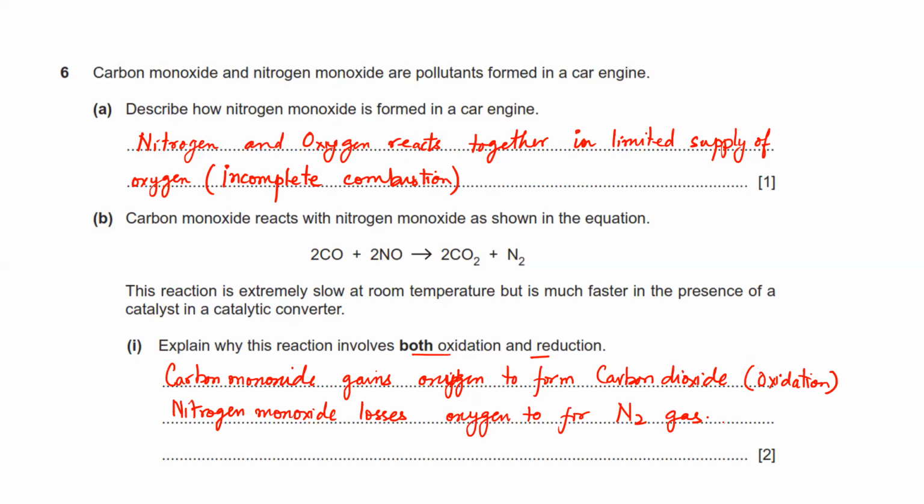Okay, and this is reduction, or loss of oxygen. So you can always write carbon monoxide is oxidized and nitrogen monoxide is reduced. Okay, so this is how you can write it in a much better manner.